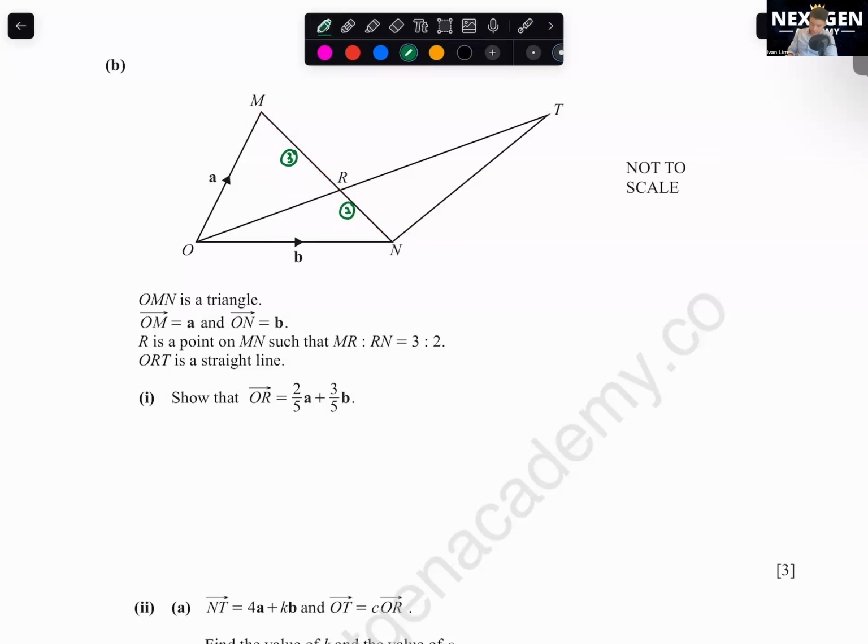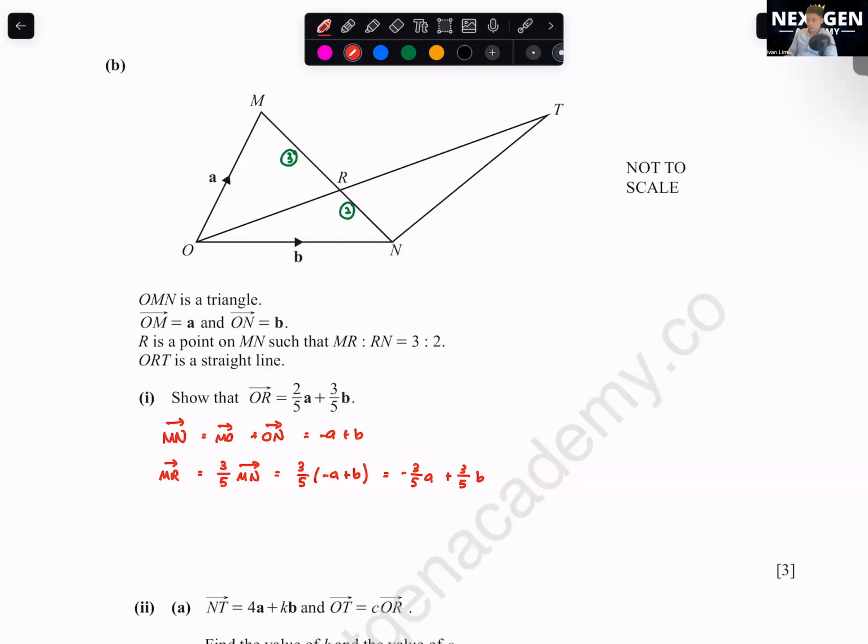Okay, so we write it down. So I will find MN first. MN is MO plus ON, which is negative A plus B. MR will be 3/5 of MN. So which is 3/5 of negative A plus B, which is negative 3/5A plus 3/5B.